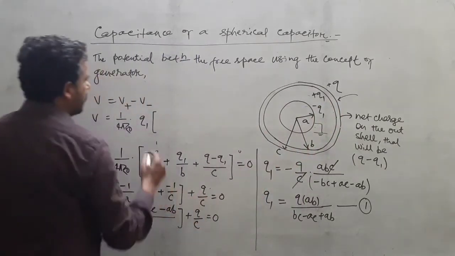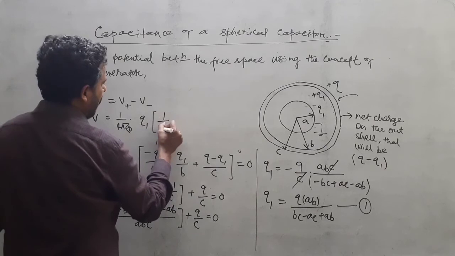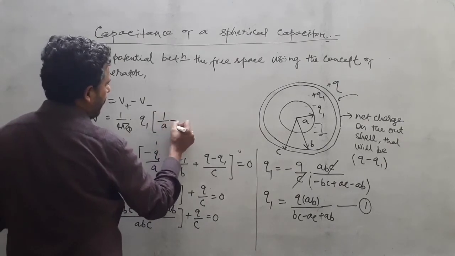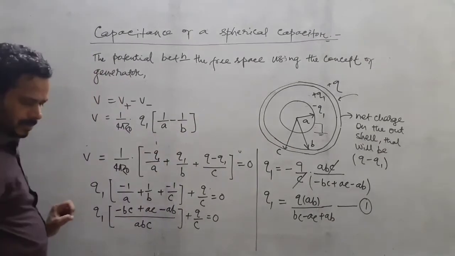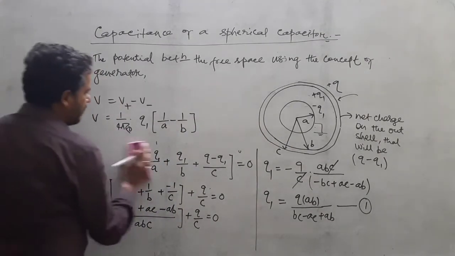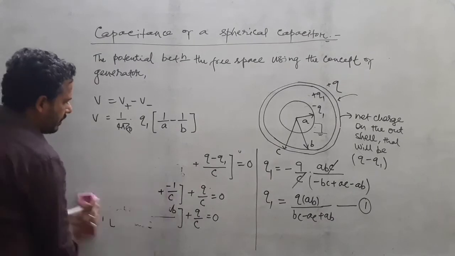So there is a difference, 1 by A minus 1 by B. This is a concept that is taken from generator.